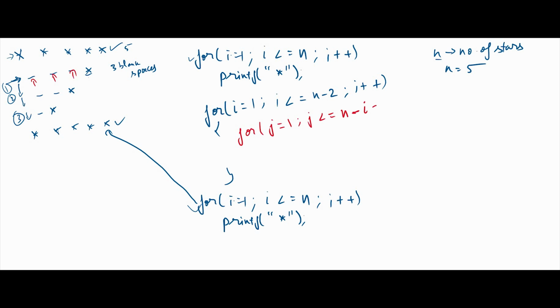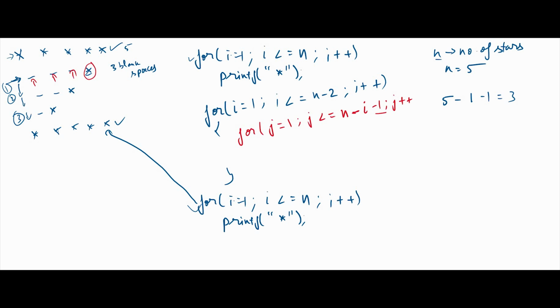If I dry run this, n is 5, minus i which is 1, and then minus 1, that will be equal to 3. So j will move from j equals 1 to j less than or equal to 3.